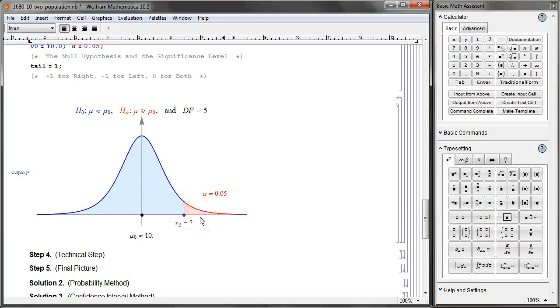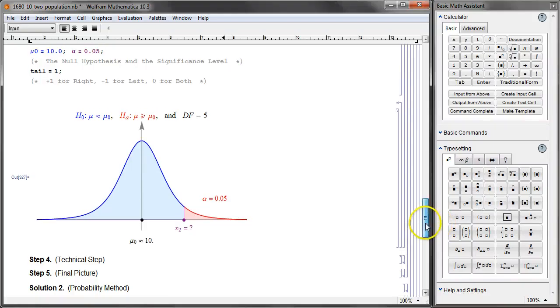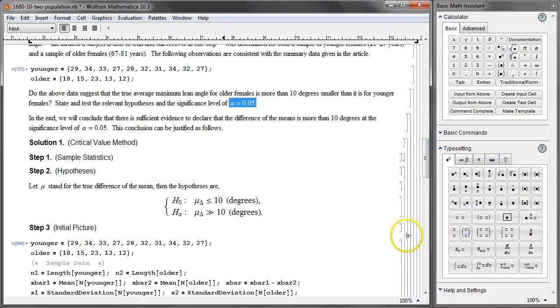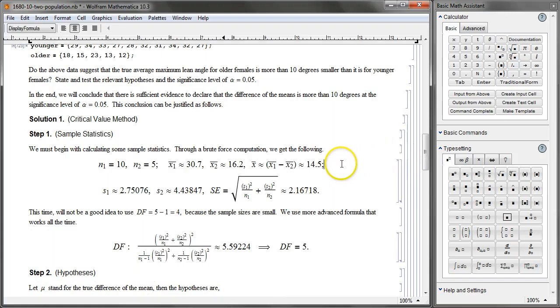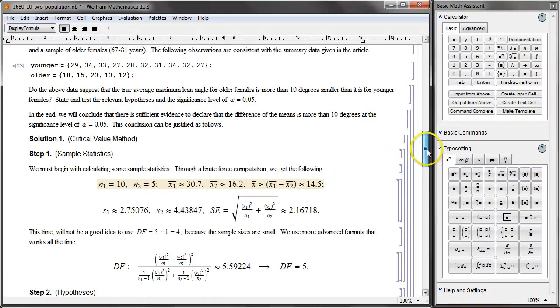But in order to do that, we have to find the appropriate sample statistics, which can be a little bit tedious, but here they are. Just add up all those numbers and then calculate the means for younger women and older women, subtract one from the other, and this is the observed difference, 14.5.